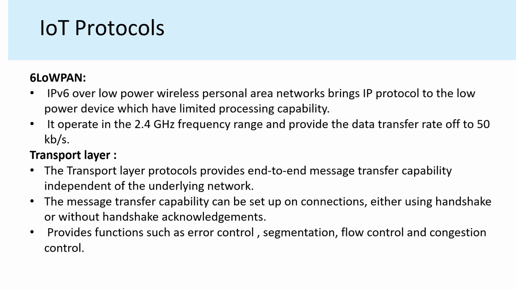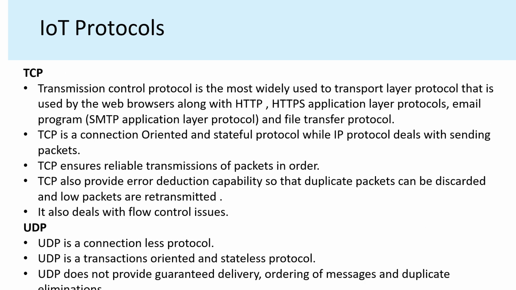The transport layer provides functions such as error control, segmentation, flow control, and congestion control. The Transmission Control Protocol is the most widely used transport layer protocol, used by web browsers along with HTTP and HTTPS application layer protocols, email programs, and file transfer protocol.